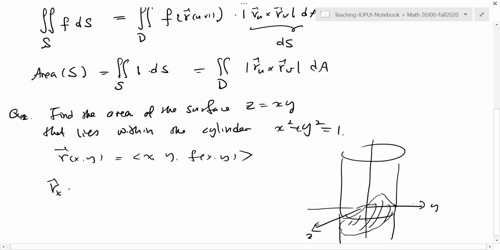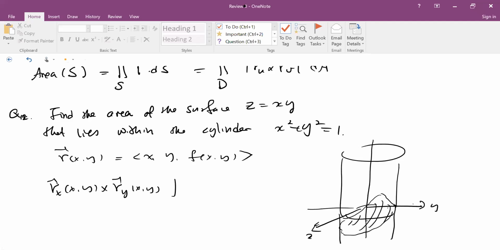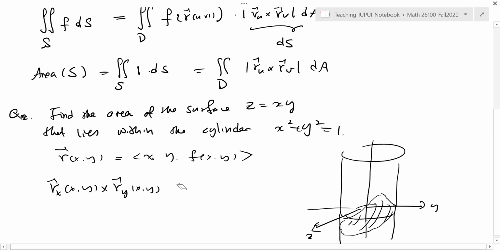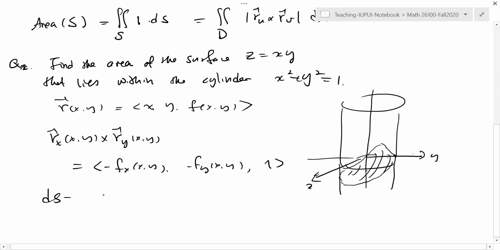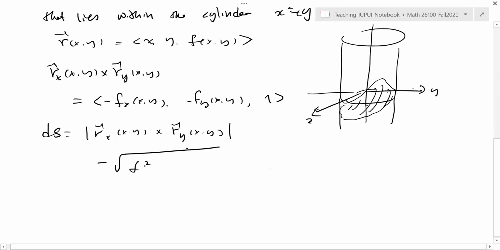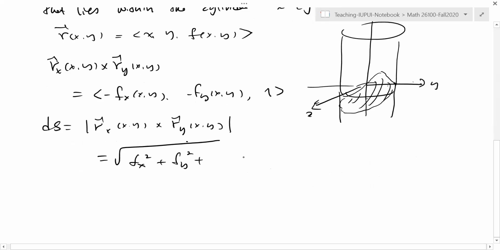The cross product is going to be negative f_x, negative f_y, and 1. So the dS is going to be the length of this cross product. It's going to be the square root of f_x squared plus f_y squared plus 1, dA.